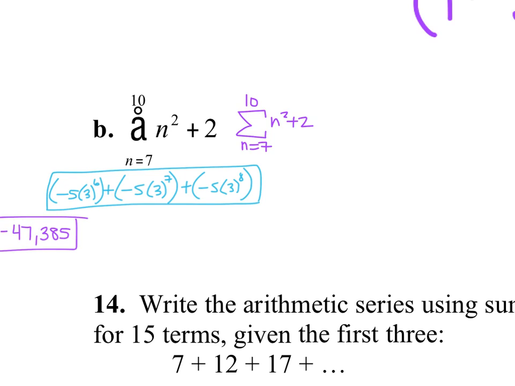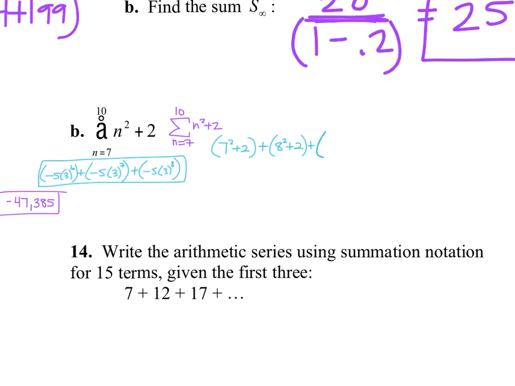You're taking 7 squared plus 2, plus 8 squared plus 2, plus 9 squared plus 2, plus 10 squared plus 2, right? So we start at 7, we work our way all the way up, 8, 9, 10. Take the sum of all of that, and if you plug that into your calculator, you get 302.